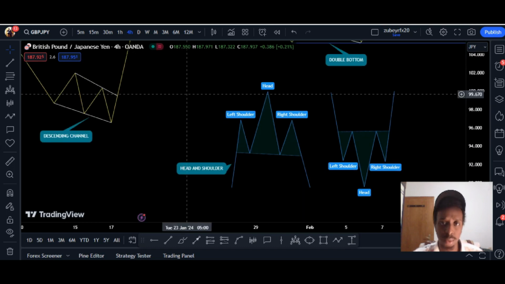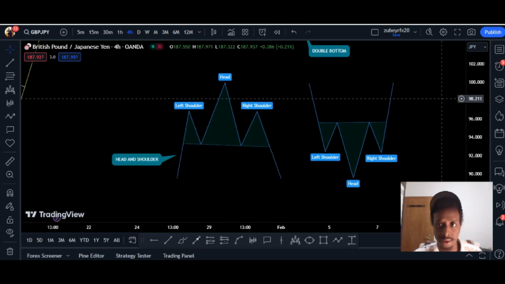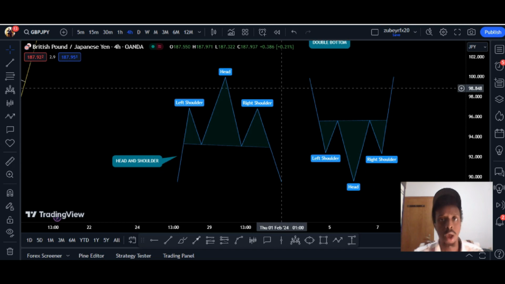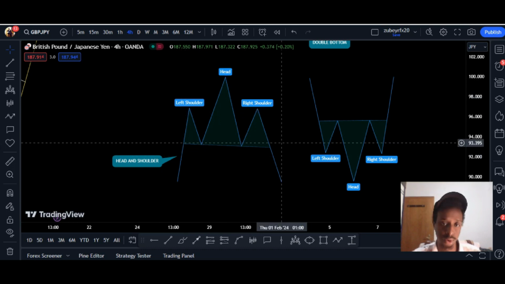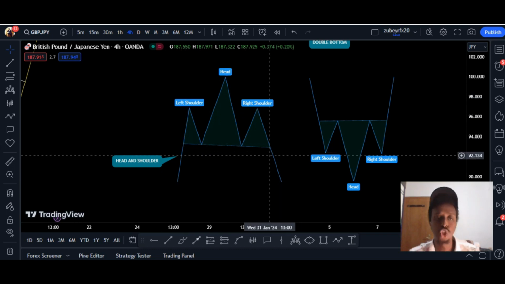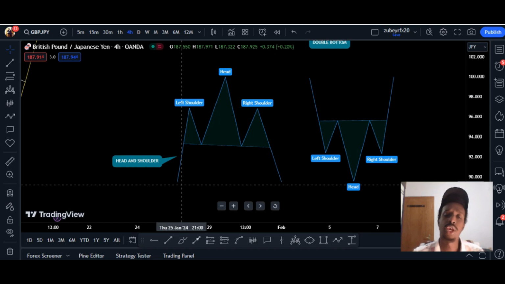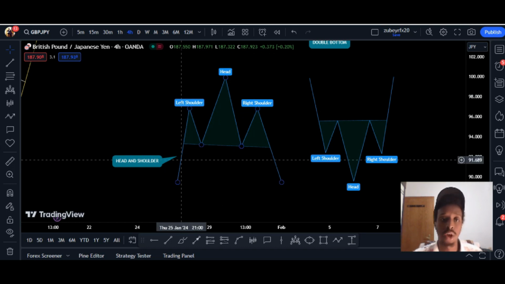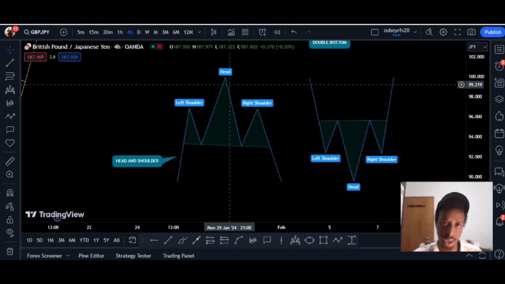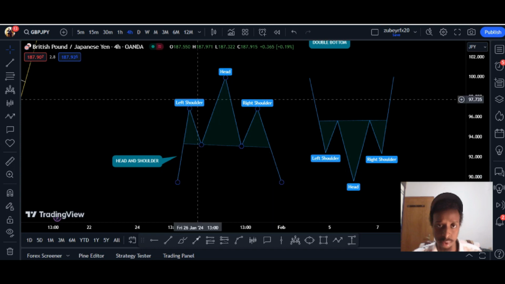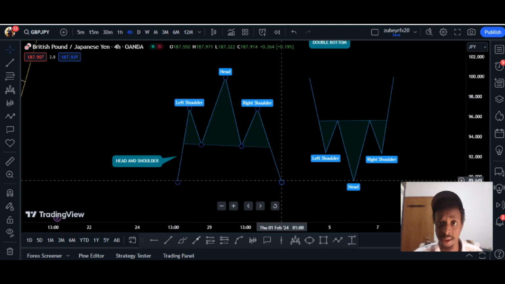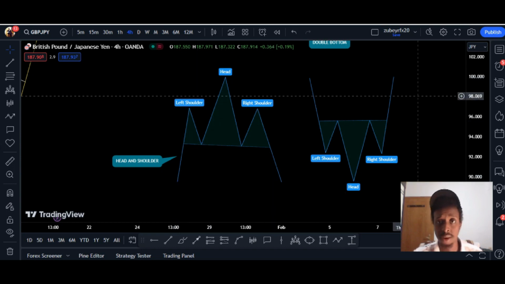The other pattern, guys, is head and shoulders. Many of you may know it, and this is how the shoulders form. When you look at head and shoulders, guys, it's not a big deal. It's just an impulse, a correction, another impulse. This one forms in a downtrend market, and this one in an uptrend market.